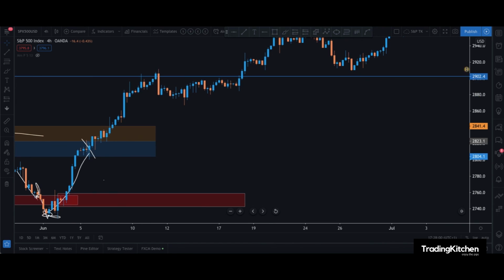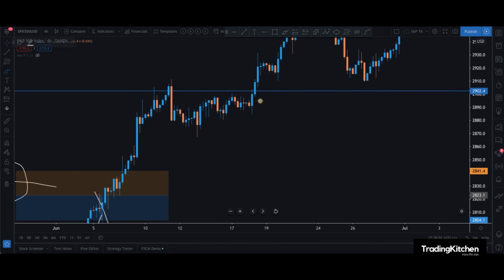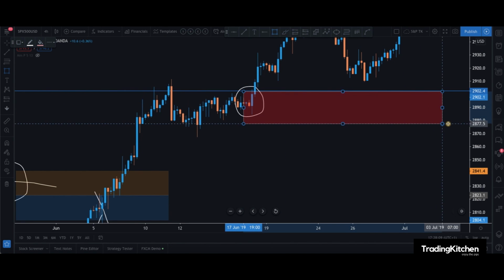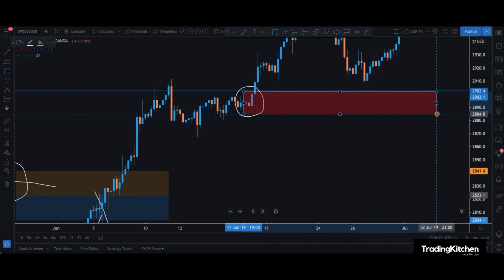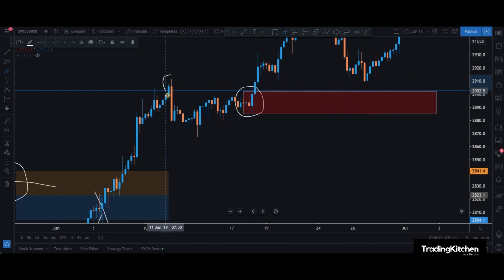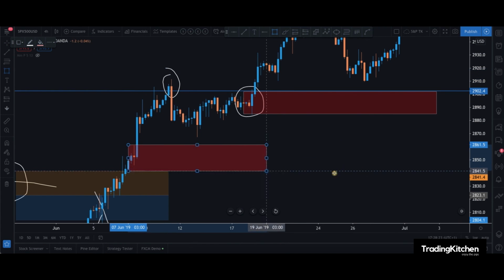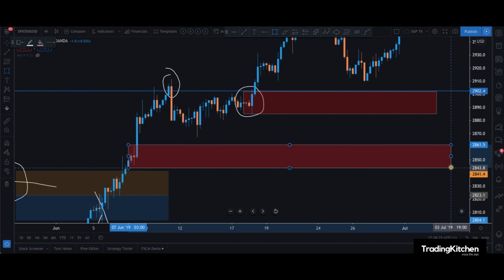This is an engulfing as well, so very useful for us. I don't know what this line now means, but as you can see, key level. And look at this. This is a structure area for sure as well.